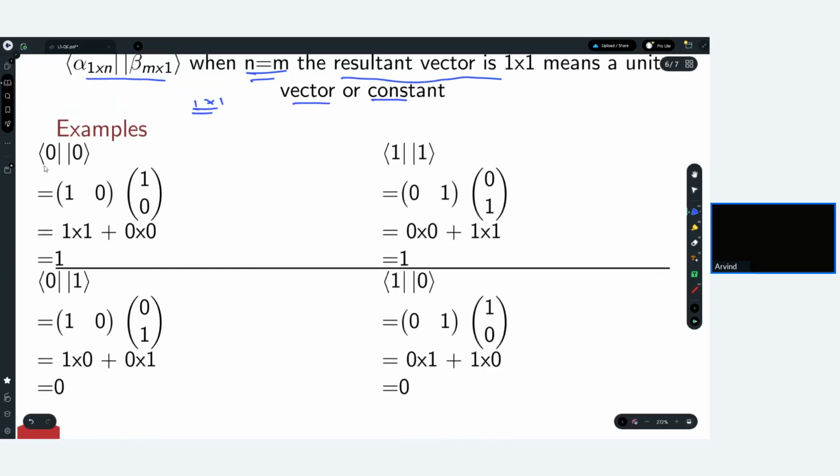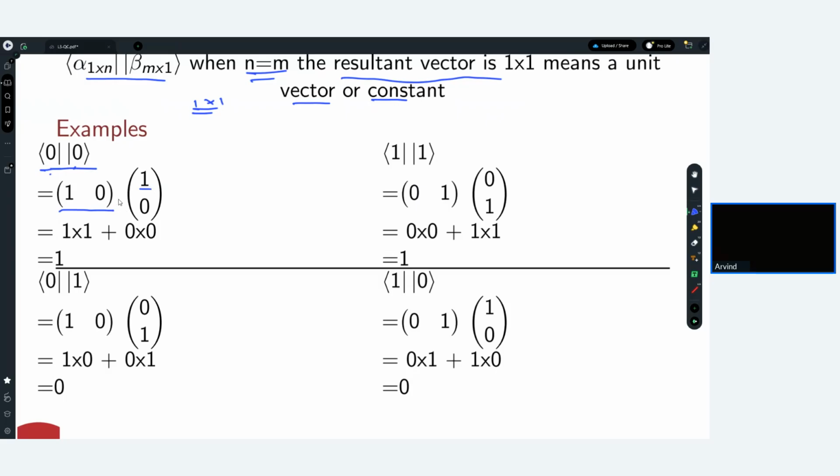Let us take some examples. In the first example, I am writing bra 0 followed by ket 0. Bra0 is a row vector in which 1 is present at the 0th position, and ket0 is a column vector in which 1 is present at the 0th position.